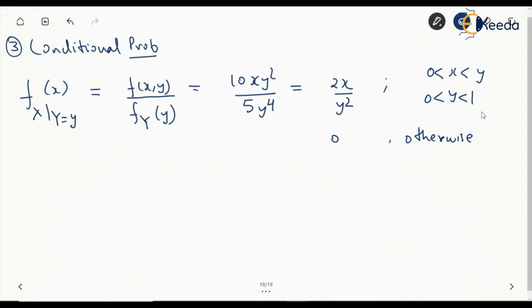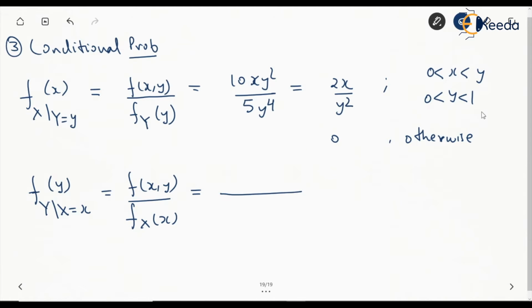Similarly, if we have to find the conditional probability for y given x is equal to small x, this is going to be f of x comma y divided by the marginal probability of x.